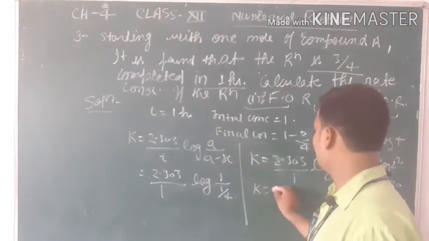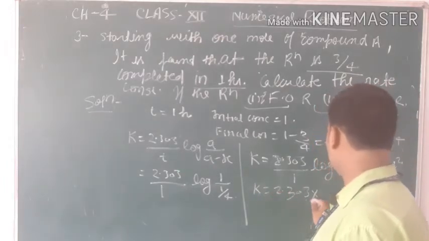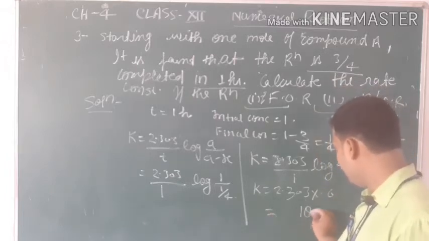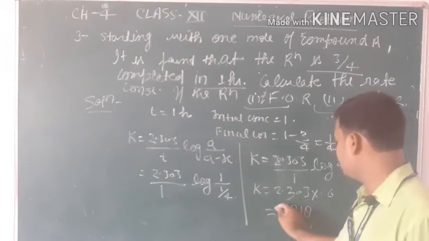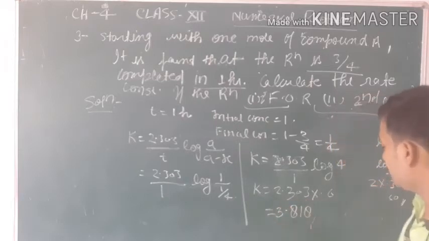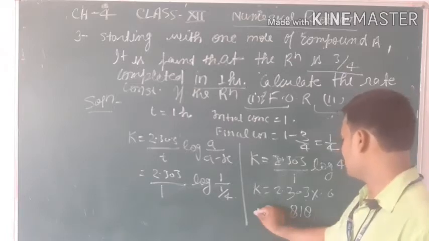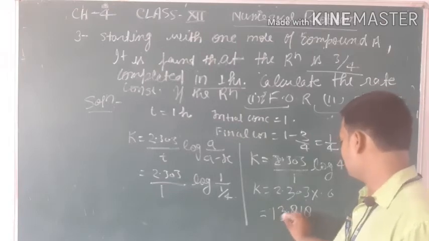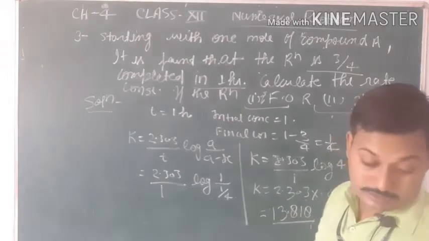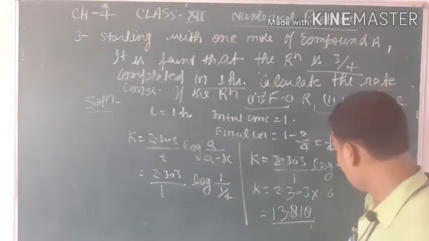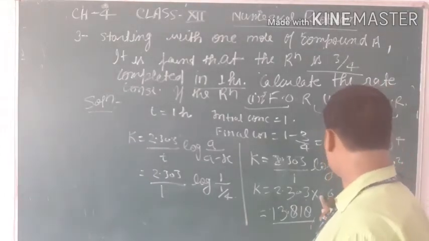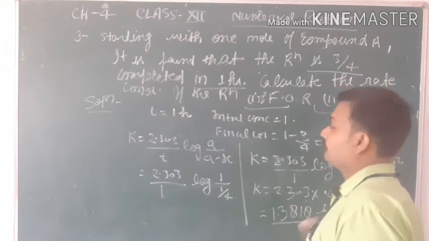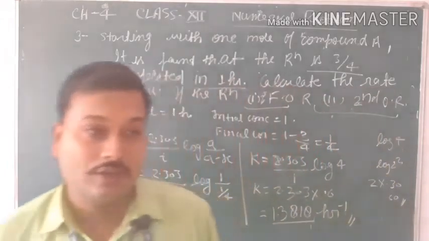So k is equal to 2.303 into 0.6, which gives 1.3818 per hour. This is for the first order reaction.